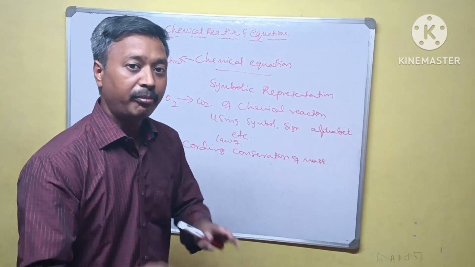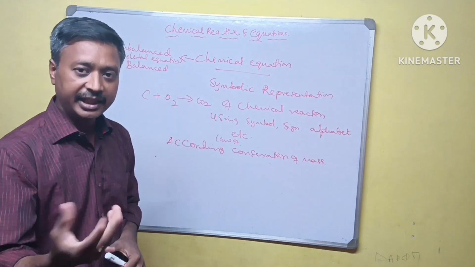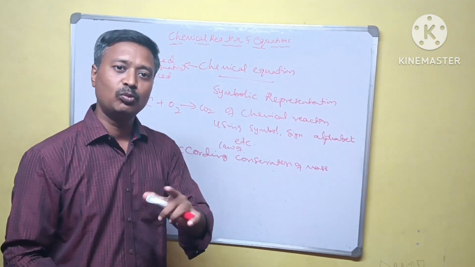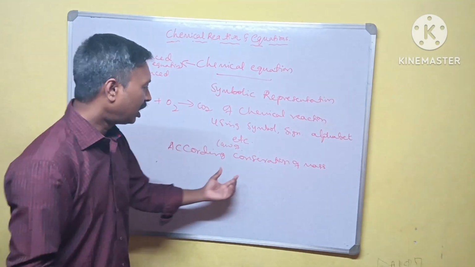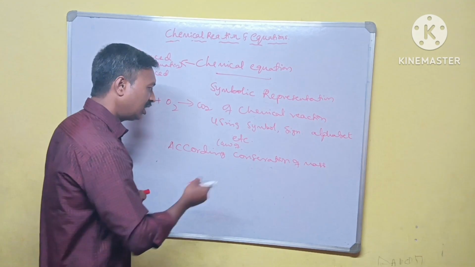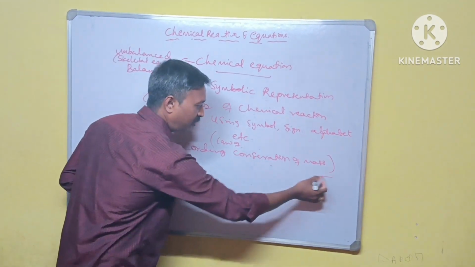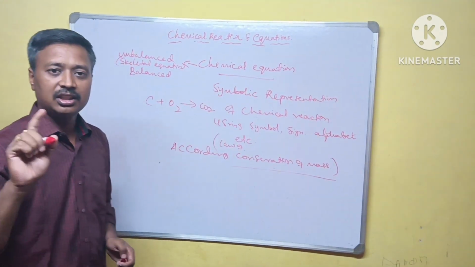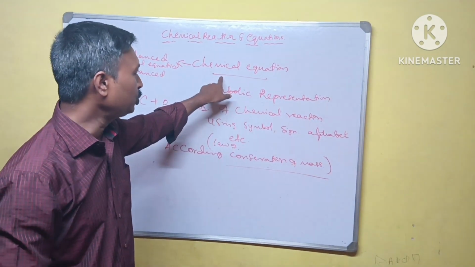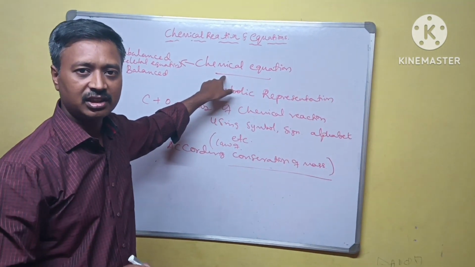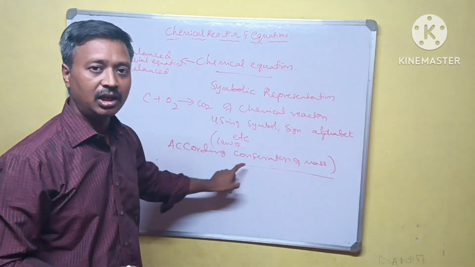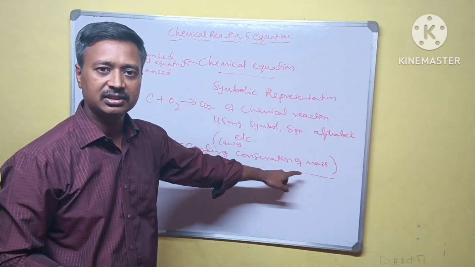Like that, matter cannot be created or destroyed, but it can be converted from one form to another. On the basis of the law of conservation of mass, we need to balance the equation.